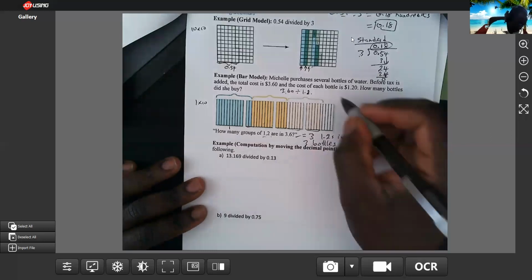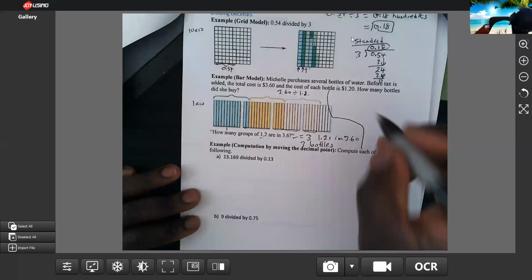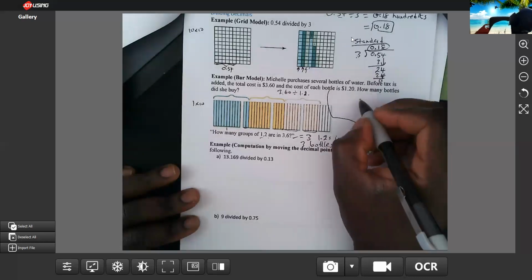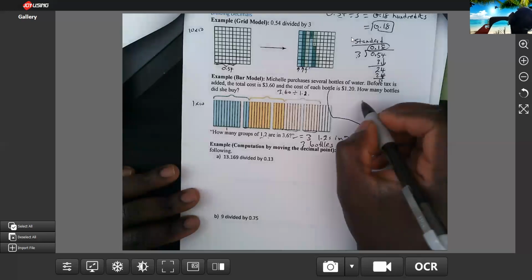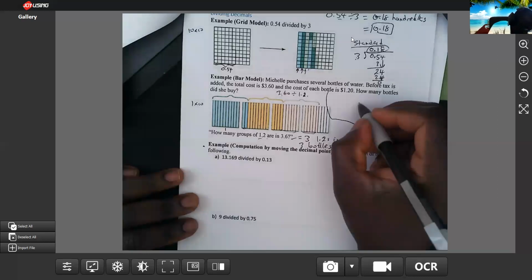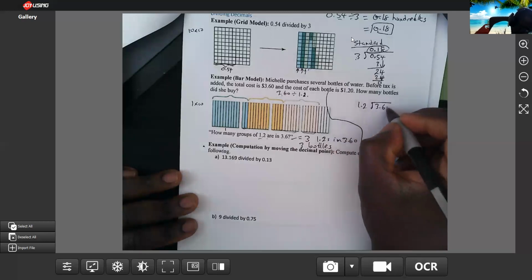Now we can do the same thing using the standard algorithm. I will just show you, because we have the next example to explain that. So we have 1.2 into 3.6.